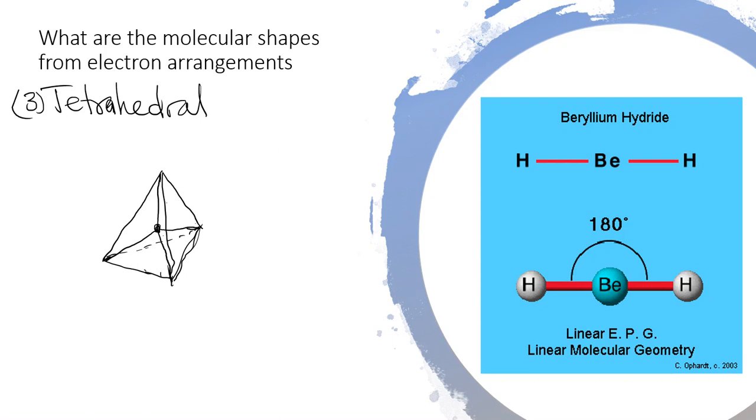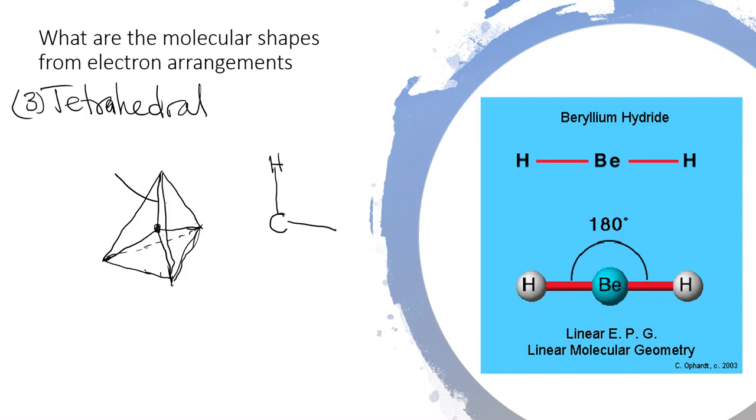Which means if you have a molecule like methane, you have your carbon here in the middle, and then you have one hydrogen, which is this one.